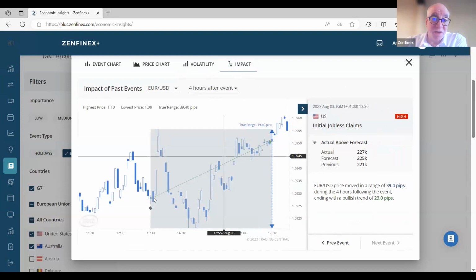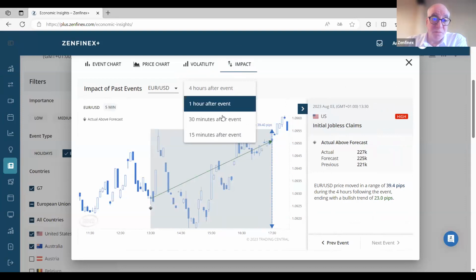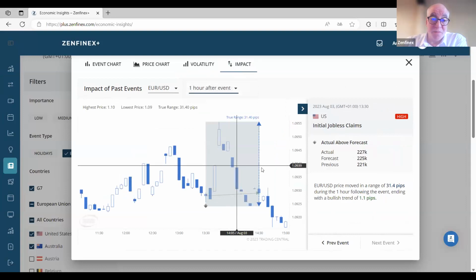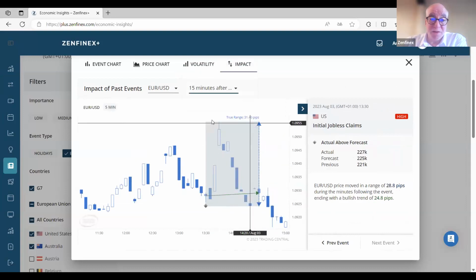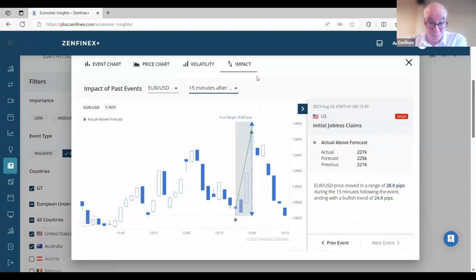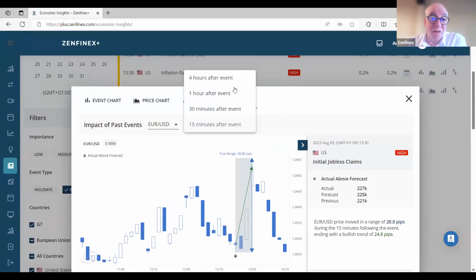But for that first hour, let's say, it went down. First 15 minutes, it went up. So it highlights really clearly how volatility around news doesn't give you direction immediately. It's more of a shakeout of positions of traders who are either on one side or the other.